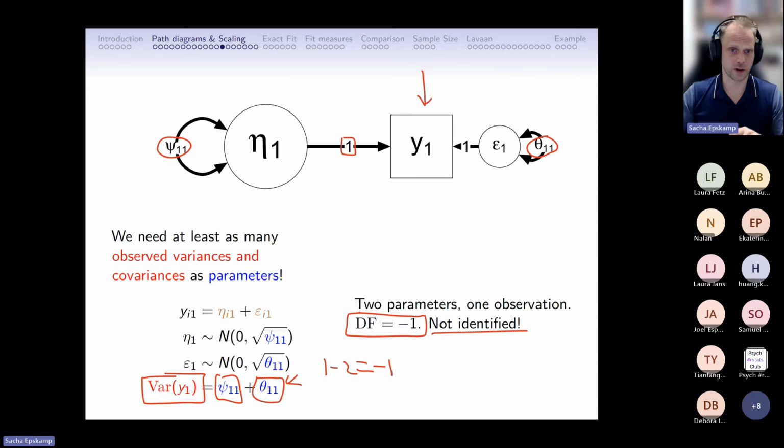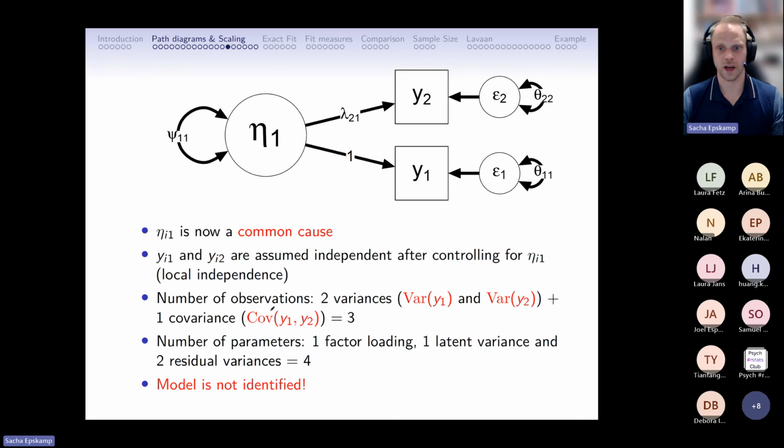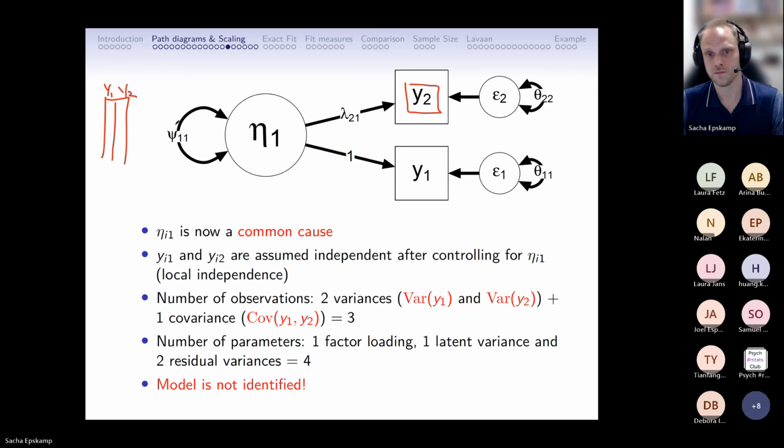Okay, so let's now try to add variables. So now I add a second indicator in a data set. So now I have a model, a data, we have y1 and y2, two variables. I have to set one factor loading to 1 for scaling. I don't have to set the other one to 1 because this factor variance is already scaled in the expression for the first variable.